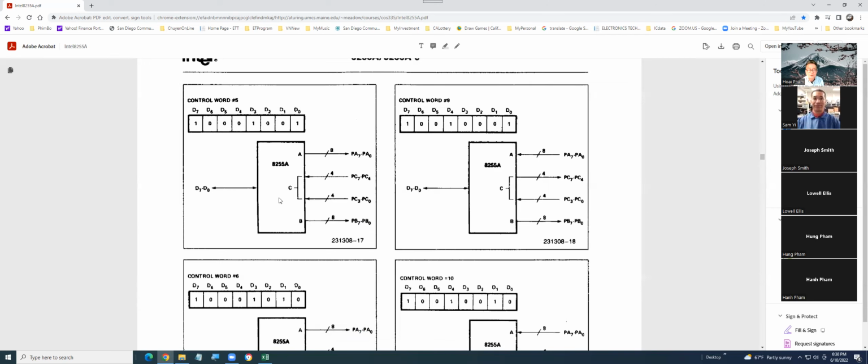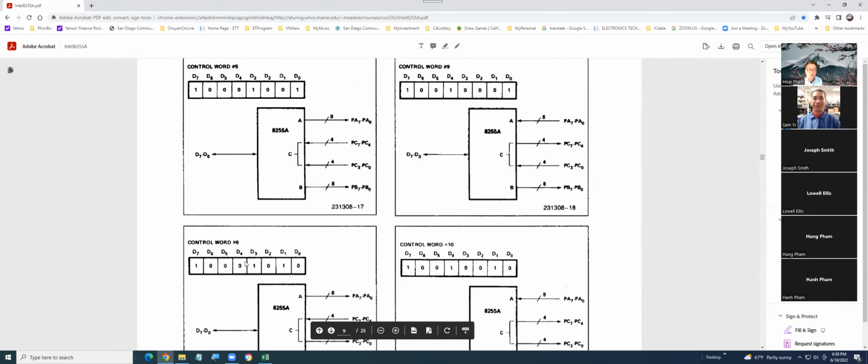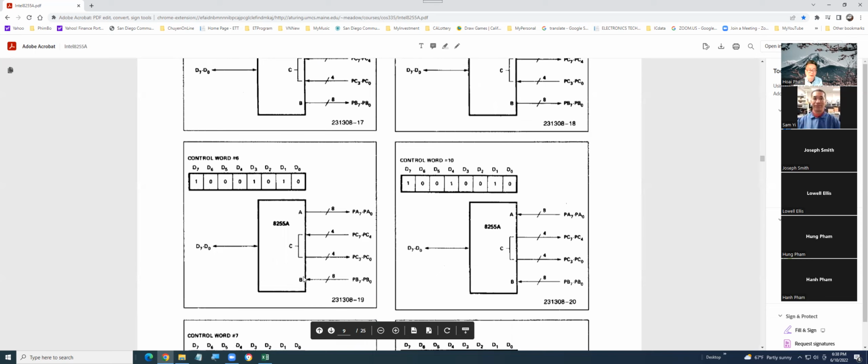So if you want to set which ports are out or in, you have to go through this table to find out. Okay? See that? On this one, it will be 8A, right? Then port A goes out, 8-bit.